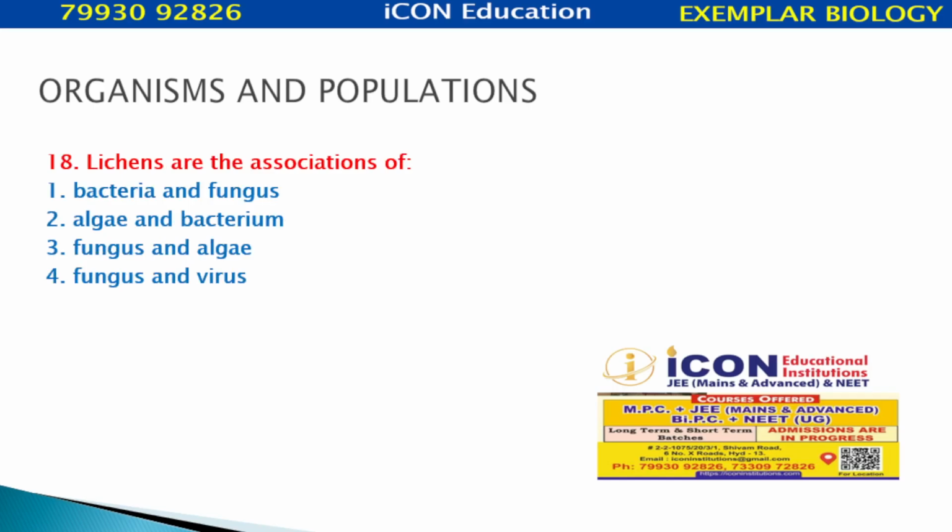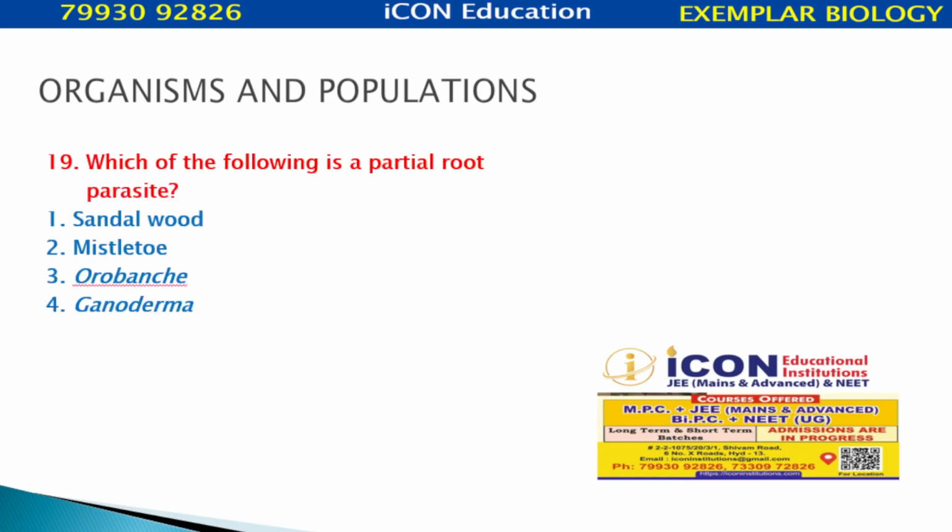Lichens are the association of: bacteria and fungus, algae and bacterium, fungus and algae, or fungus and virus. So lichen is the association between the algae and fungi. Which of the following is a partial root parasite?